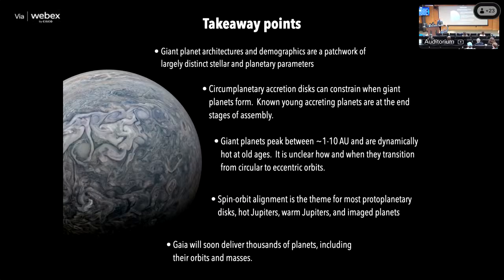My question, Kevin. Oh, okay. Sorry. So should I interpret the result that spin-orbit alignment is the theme for everything from the protoplanetary disk forward, that the cause of spin-orbit alignment must therefore predate the protoplanetary disk phase? I don't know. We're seeing it at least at that scale.